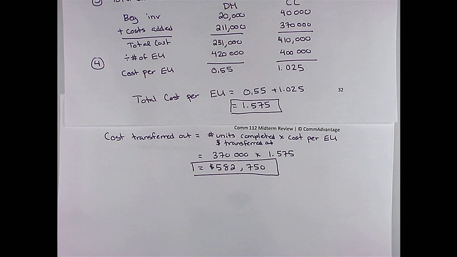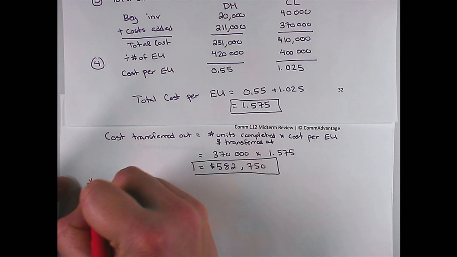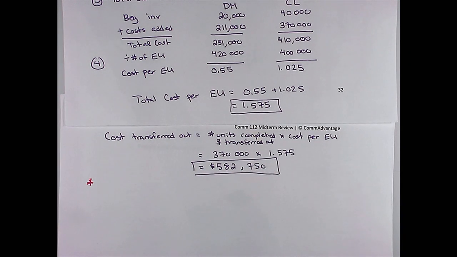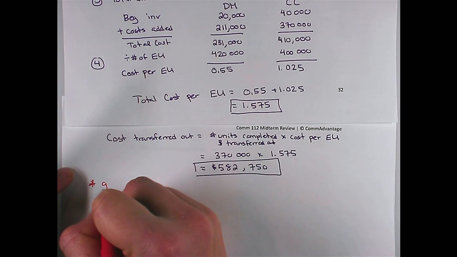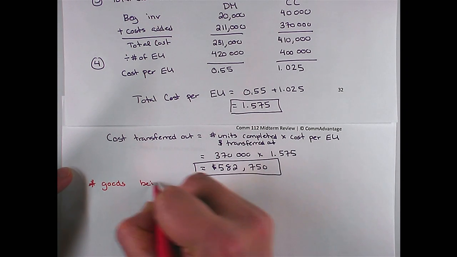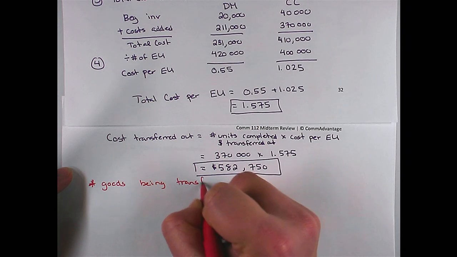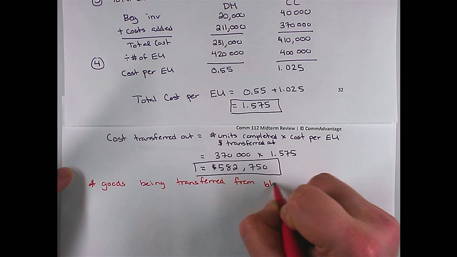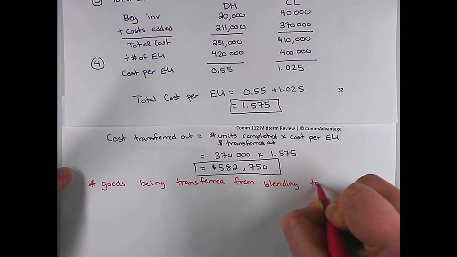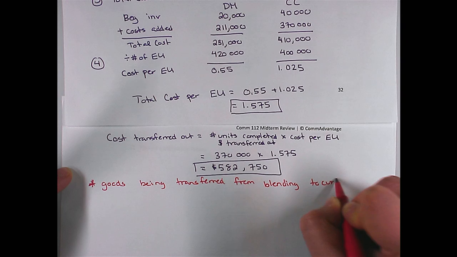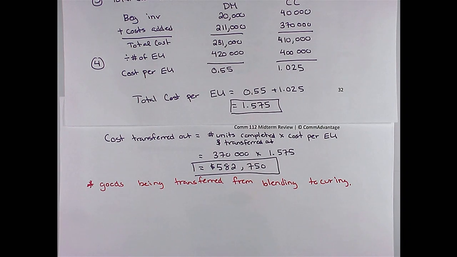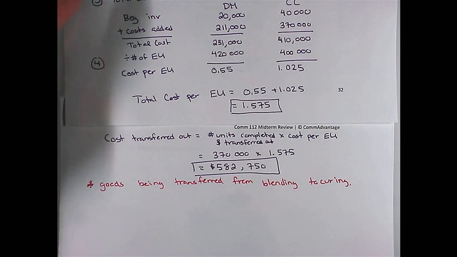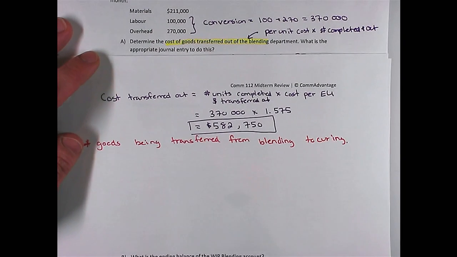And one of the things that we have to pay attention here is that this was the first process, okay? So we're talking about goods being transferred from this blending process to the curing process. So when we're talking about the actual journal entry to make this happen, where it asks us, well, what's the appropriate journal entry to do this?